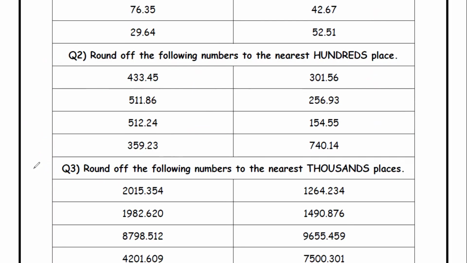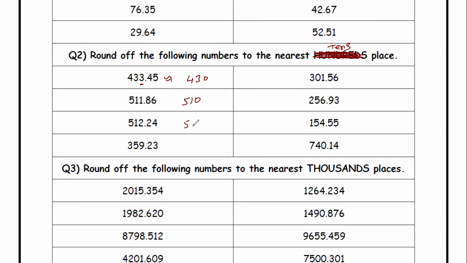Just out of curiosity, guys, this same number, if it was not hundreds, but if you were to round it off to the nearest tens place, then what would your answer be? Remember, you're looking at the ones place then. So in that case, this number would be 430. This one would be 510.